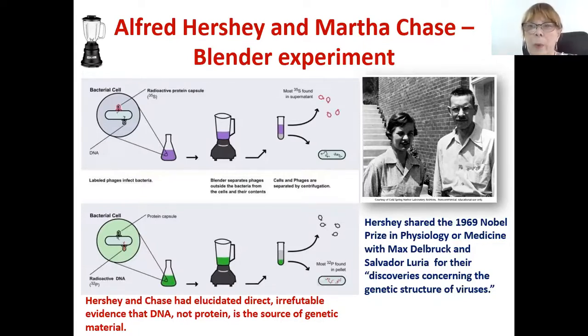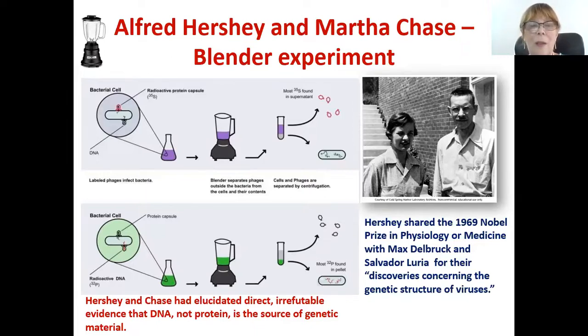And for this purpose, Hershey and Chase decided to culture bacteriophages on agar that contained 35S, radioactive molecules, and of course they received a radioactive protein capsule due to this.